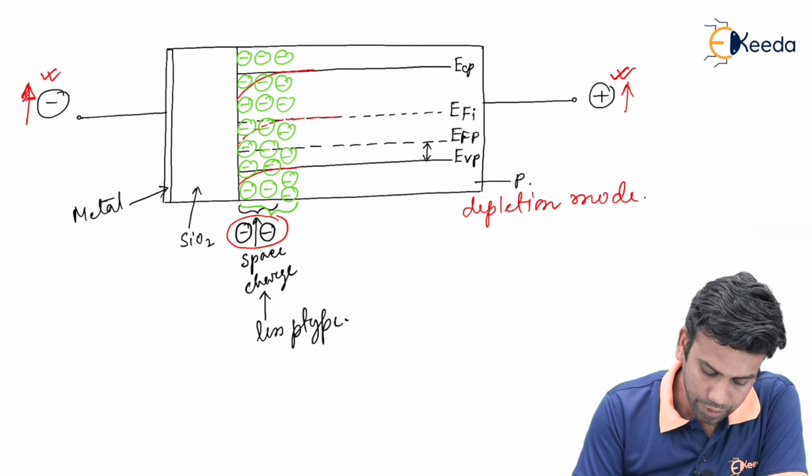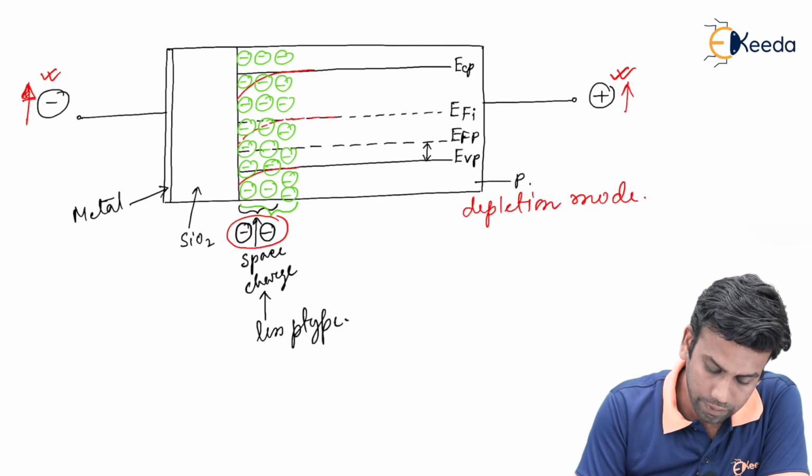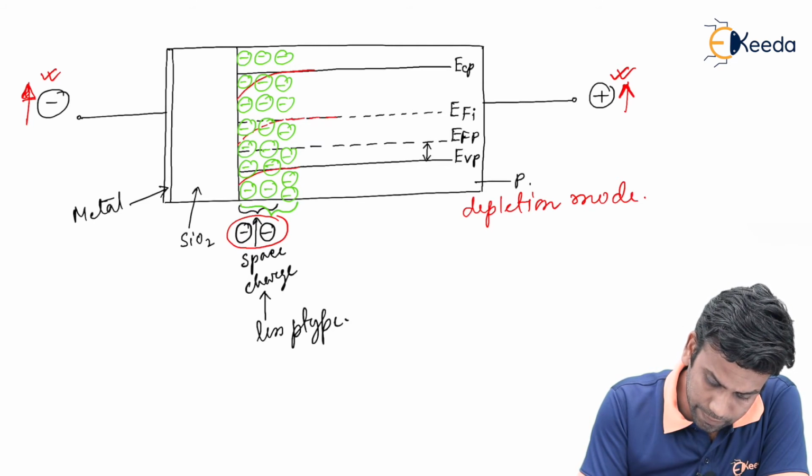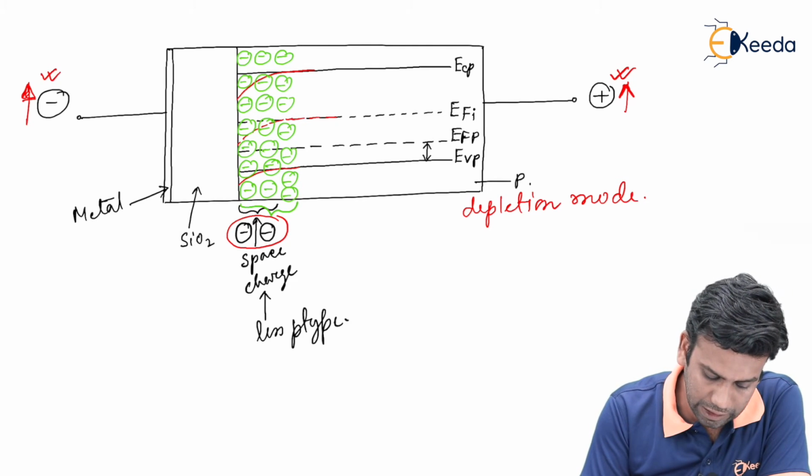That means we have seen that due to the application of more reverse voltages here, the space charge width has been increased.